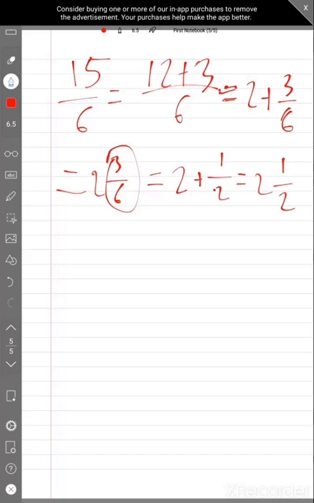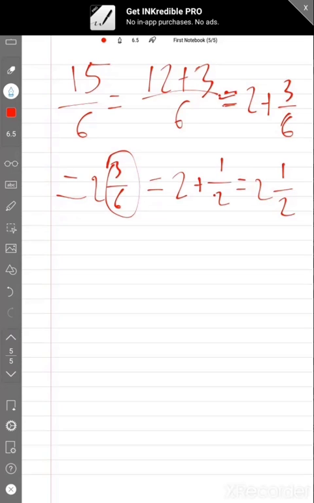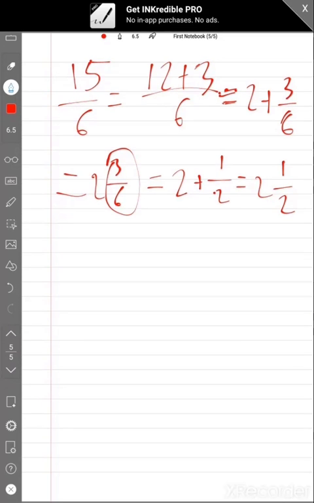Doesn't that make you think about something? Well, I notice here that we're simplifying at the end. Doesn't that mean that we could simplify in the beginning? Yes, we can. So this means that we can also simplify improper fractions, because it's still a fraction, right? So we can still simplify it.